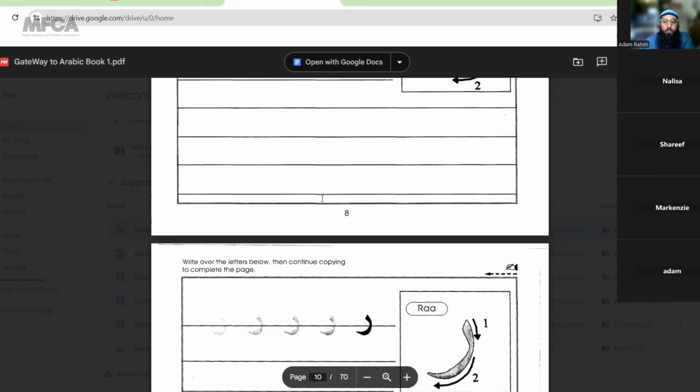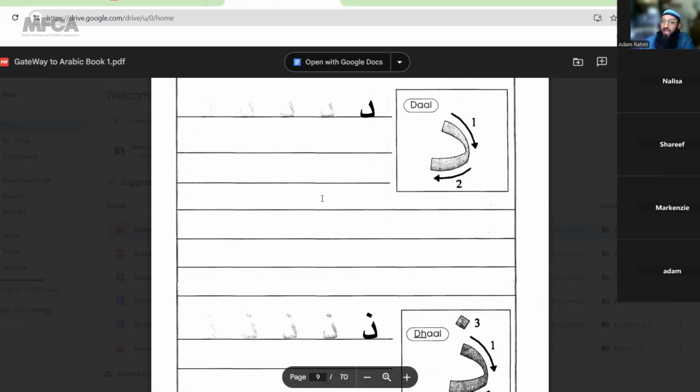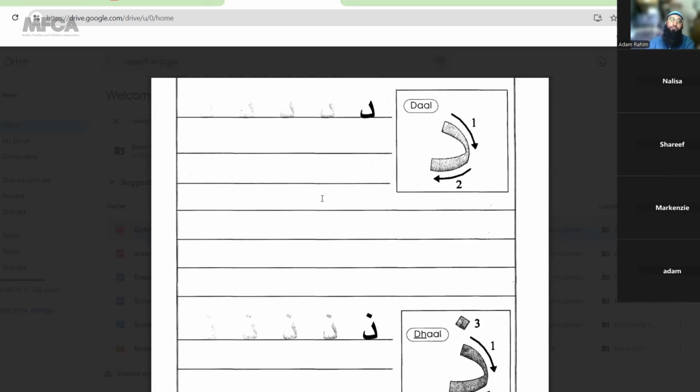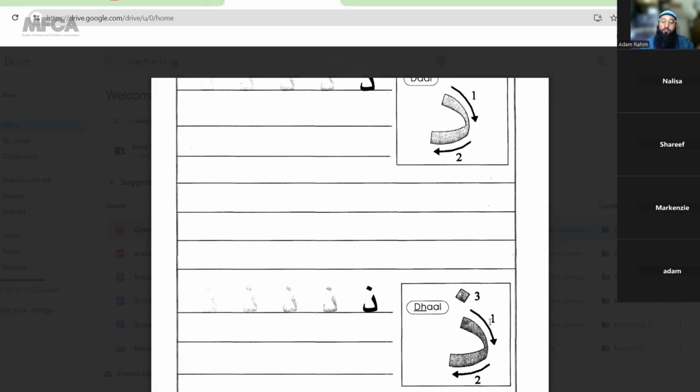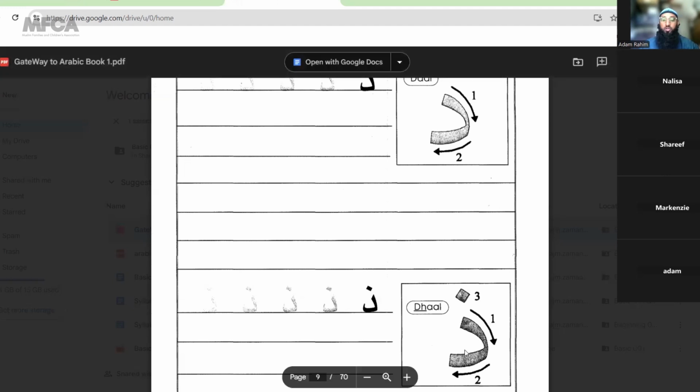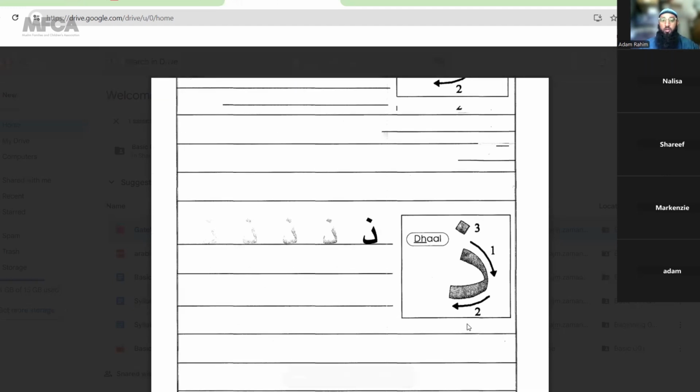So a few points to remember. We said these letters look similar. So dal and thal look similar. The differences are the placement and number of dots. Dal is free of dots. Thal has a single dot on top. Dal is pronounced by placing pressure on the tip of your tongue at the bottom edge of your top two front teeth, which is also going to help you achieve the correct pronunciation with the vowels.